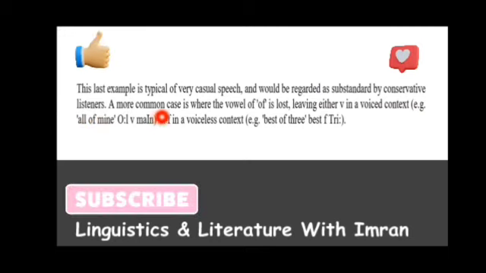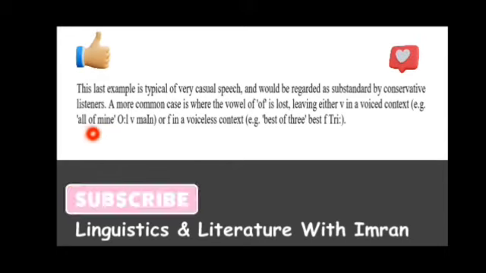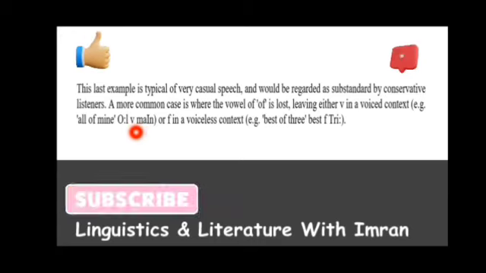A more common case is where the vowel of of is lost, leaving the v, in a voiced context, for example, all of mine. So the vowel is lost, or the vowel disappears. In place of all of mine, they will pronounce all v mine. In the previous example, in rule number 4, we learned that the vowel is there but v disappears.